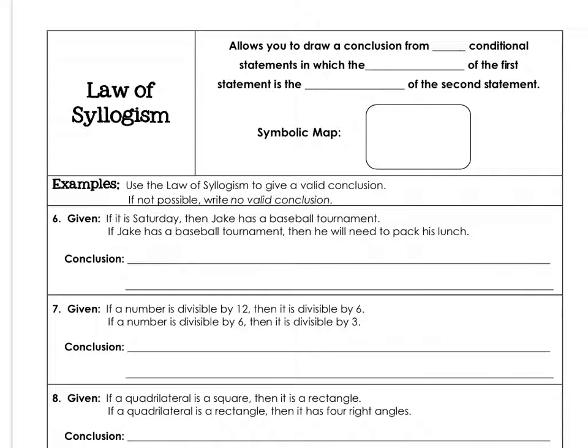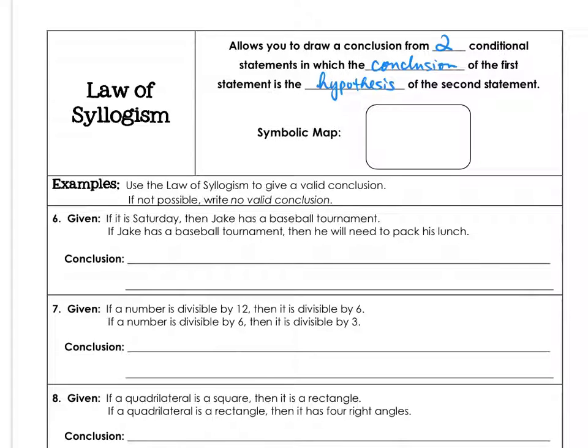All right, let's look at another law. This is the last one. Law of syllogism. In certain ways this is actually easier. So let's look at this. Law of syllogism allows you to draw a conclusion from 2 conditional statements in which the conclusion of the first statement is the hypothesis of the second statement.